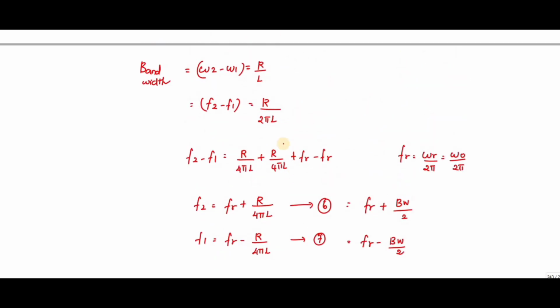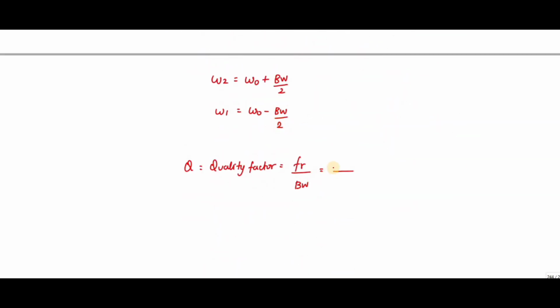Bandwidth is R divided by 2 pi L. So you substitute here R divided by 2 pi L. So this is nothing but 2 pi Fr is omega R. Omega R L divided by R. This is nothing but XL divided by R. This I can also write as XC divided by R, that is nothing but 1 divided by omega R C R.